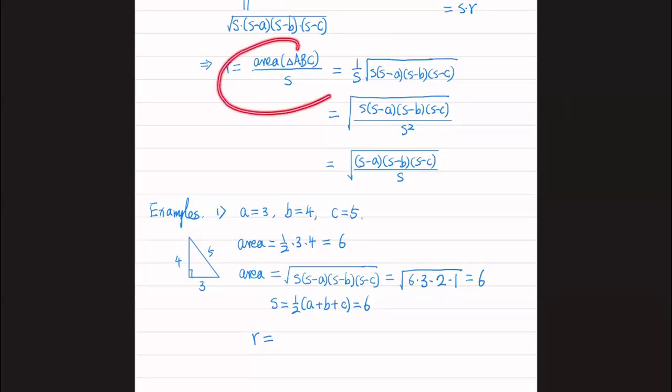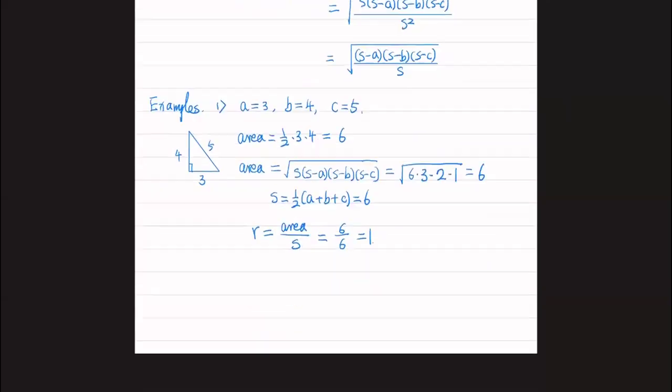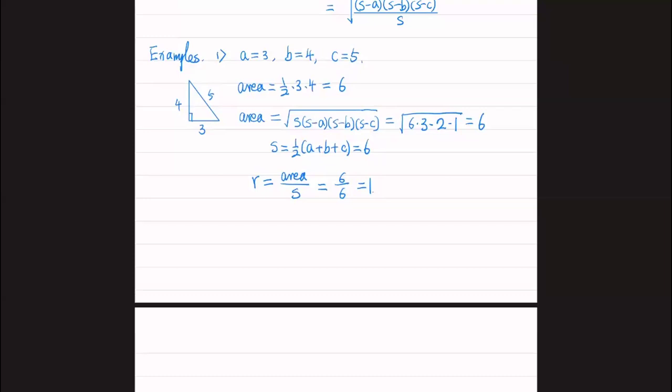Okay, so we apply this formula. We find the area, we find the perimeter, the quotient is the radius. Area over s, six over six. Okay, so for this one, because we know it's a right triangle, we can find the inradius through the area.